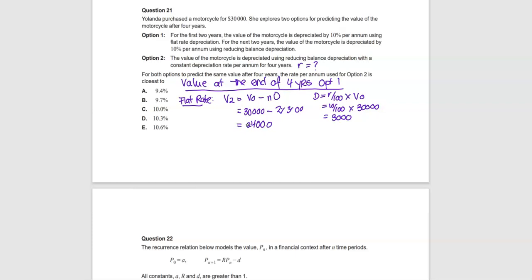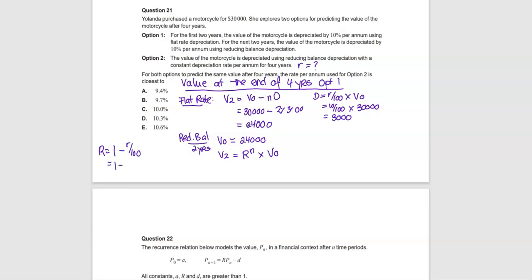And then the next 2 years is using the reducing balance. So we do reducing balance for another 2 years. So I'm pretending like I'm starting again because that's the quickest way to do it. So that means the V0 I'm going to say is 24,000 for these next 2 years, and then I just use the formula. So I want to do another 2 years where this is the formula for reducing balance, where R equals 1 minus the rate over 100.